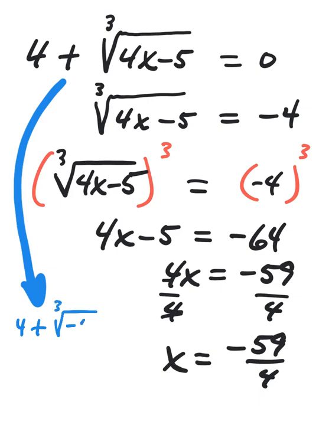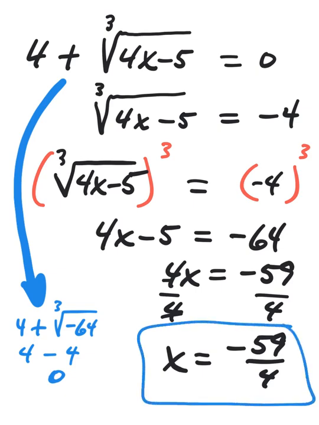Cube root of negative 64 is negative 4, which does check out to 0. And what that means is we get to keep this as our solution.